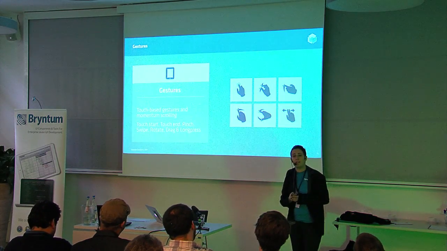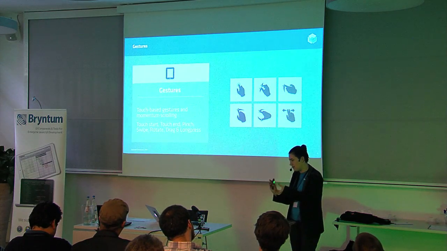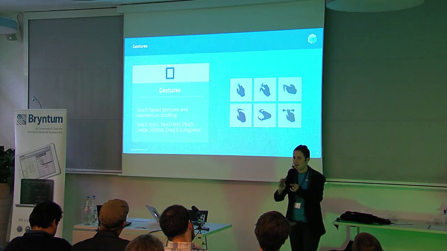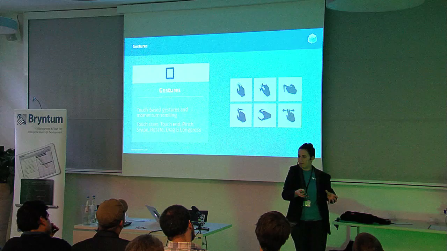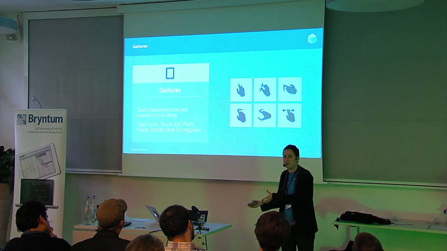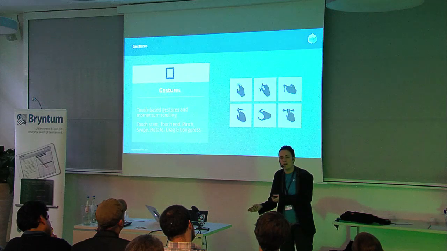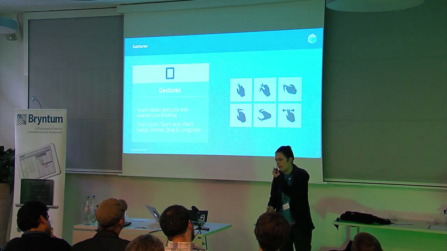And actually, this is very nice because within the framework, there is all this event normalization, so all these events will be translated automatically to touch events. So if you, for example, have a button and in your existing app you use click, but you upgrade your Ext4 app to Ext5, then Ext5 knows that it's a tap event on a tablet and it knows it's a click on a desktop.